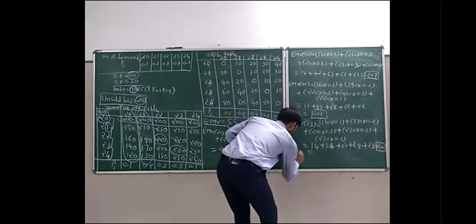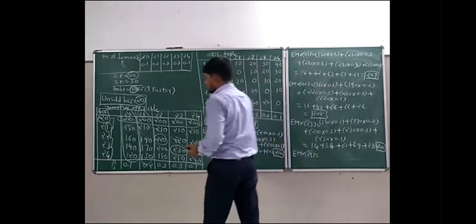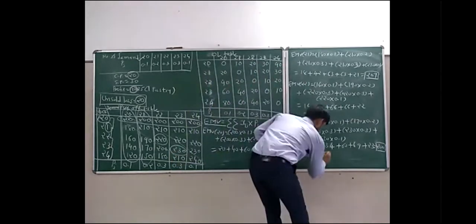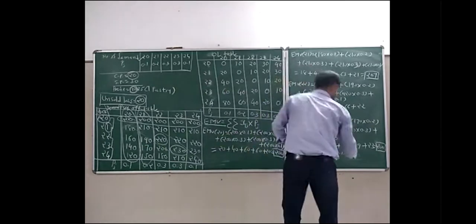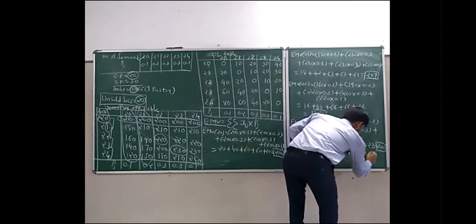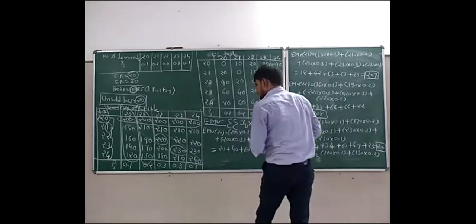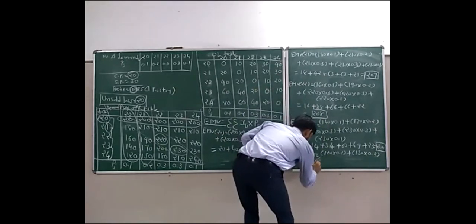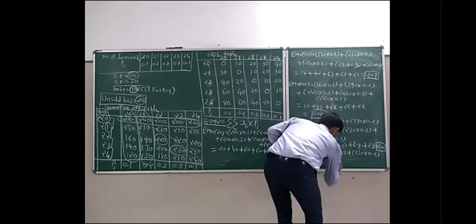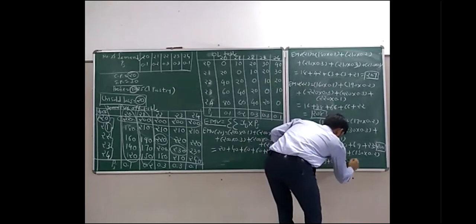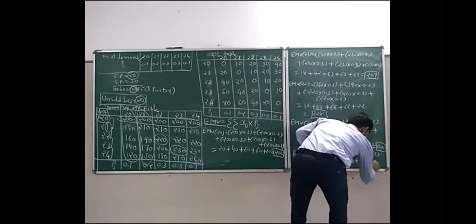And similarly, we'll find EMV for 24, for the last row: 120 into 0.1 plus 150 into 0.2 plus 180 into 0.3 plus 210 into 0.3 plus 240 into 0.1.